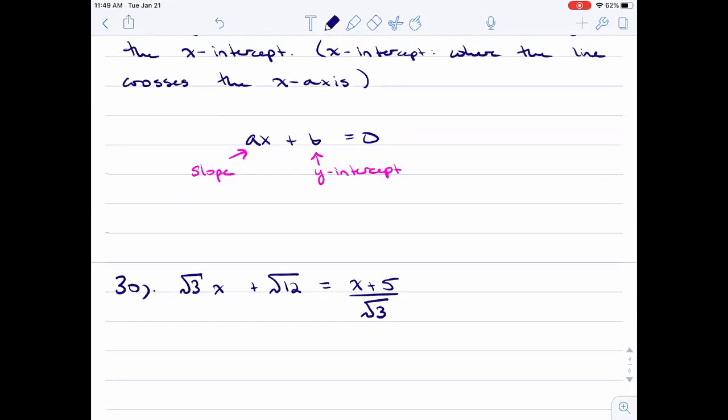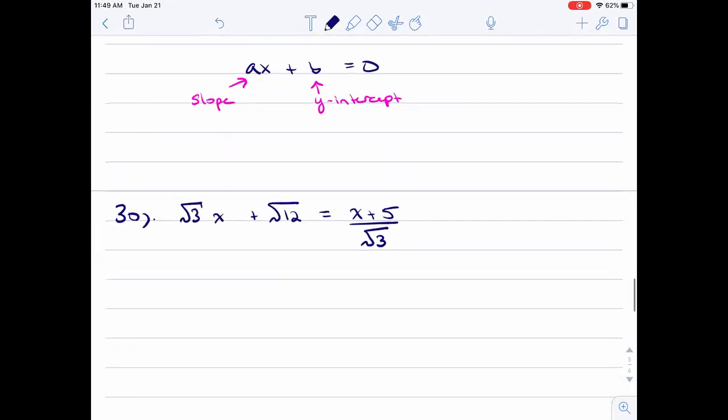Okay. And so what we get, if we start moving things over to the left-hand side, mostly because I want to get rid of that square root of 3 in the denominator, the next step would be to multiply both sides by the square root of 3.